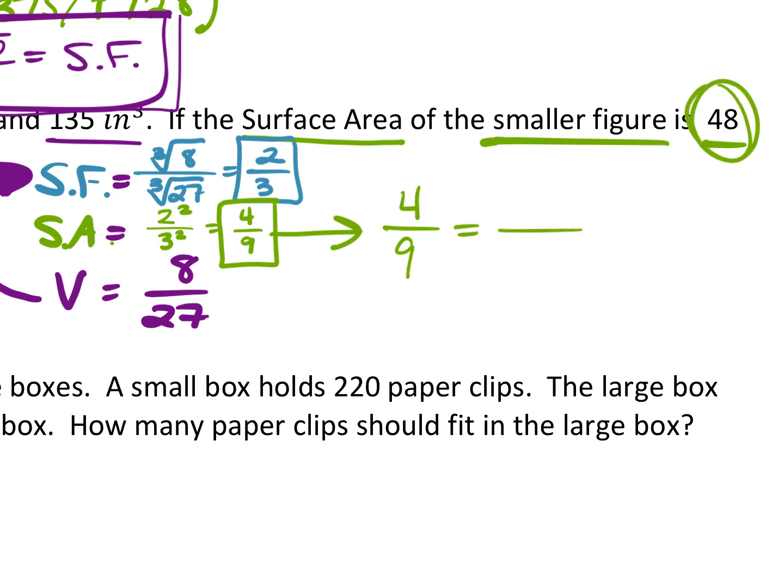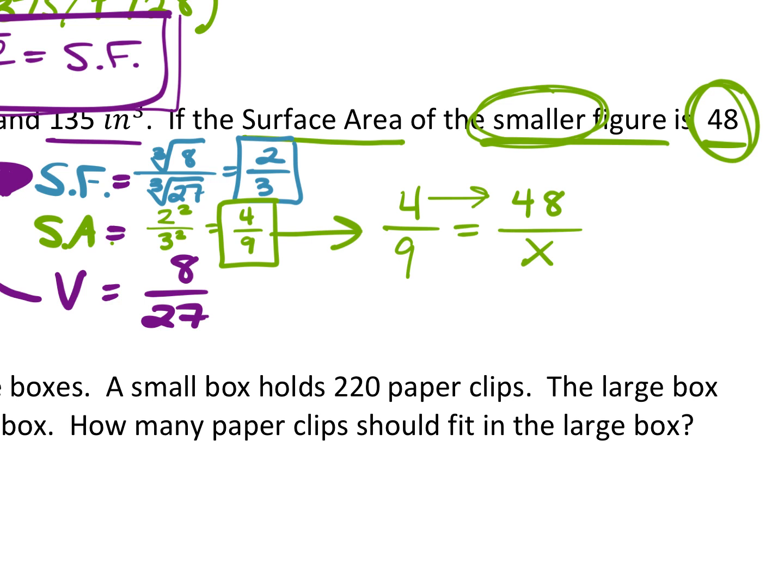Where is that 48 going to go in my proportion? On the top. They told me this is the smaller figure, so I want it across from the smaller of my two numbers in my ratio, okay?